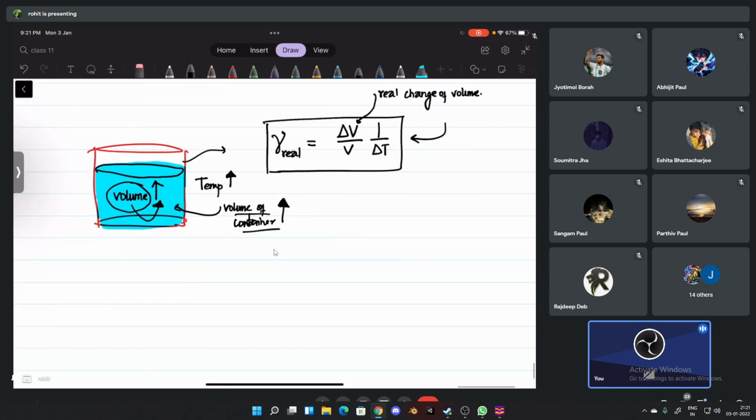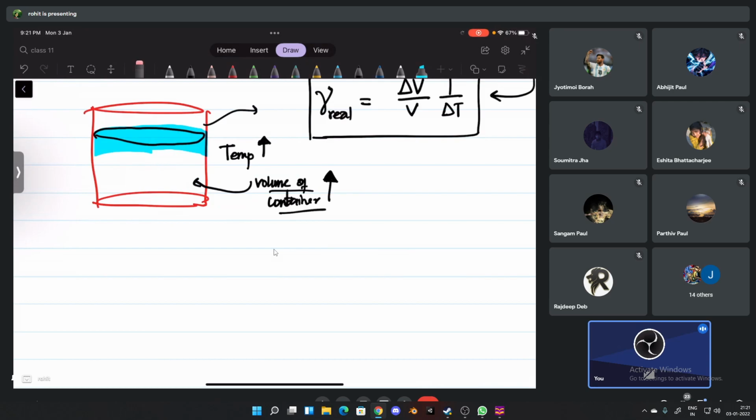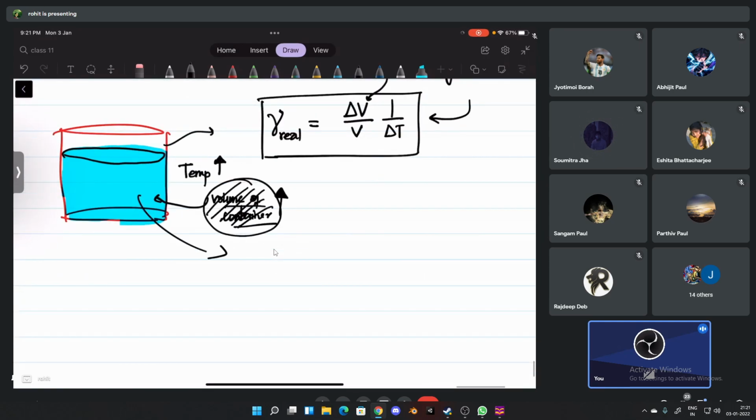If I am not able to measure the real change in volume, but I take into account the change of volume of the liquid and have forgotten about the change of volume of the container, then I calculate the change of volume.